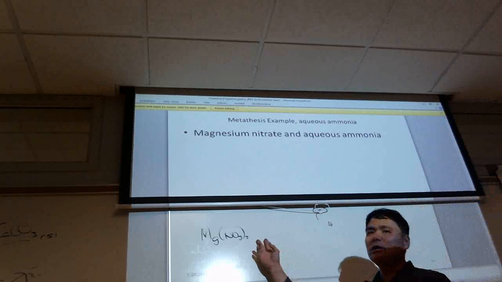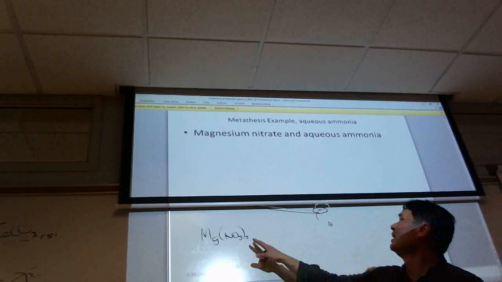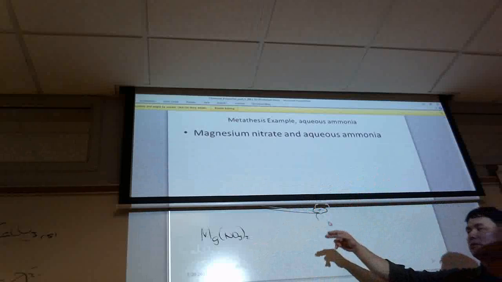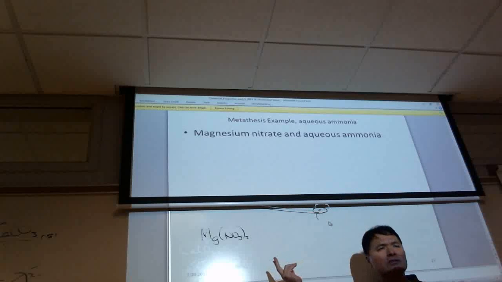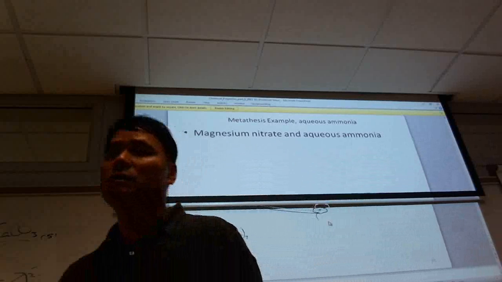So should I write solid here? I'm not going to write solid here. I could, but I know that there is water present, aqueous ammonia. So as soon as I mix solid magnesium nitrate with aqueous ammonia, what's the first thing that's going to happen? It's going to dissolve. Because, if you haven't memorized, nitrates are all soluble.